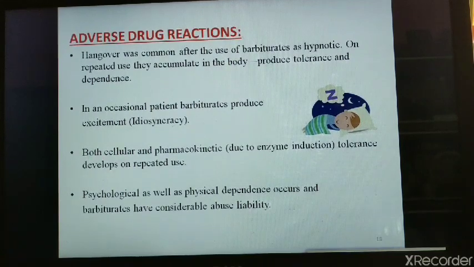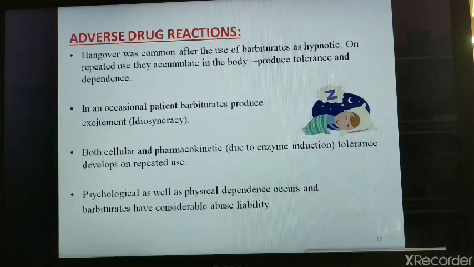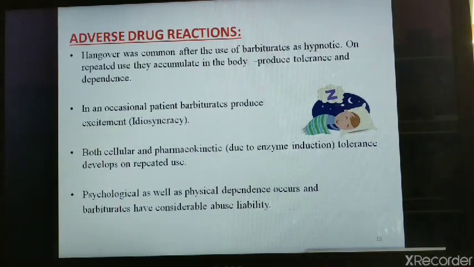There are several adverse drug reactions of barbiturates, and due to these, nowadays their use is very much limited to general anesthetics and anti-epileptic drugs. We have studied idiosyncrasy while studying the type B adverse drug reactions. This is also an idiosyncratic reaction of barbiturates, that it may cause occasional excitement in some patients.